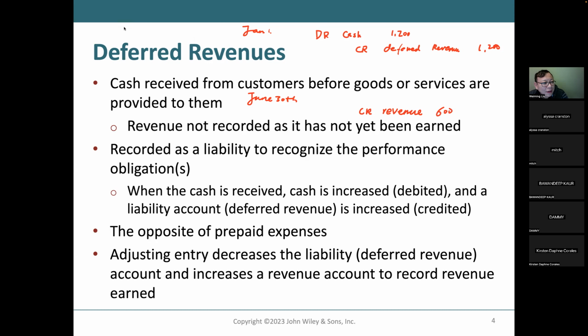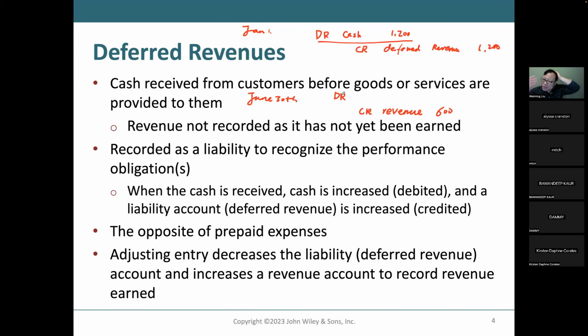And then you need to debit something. Do you debit cash? No, they already gave you the cash, the 1,200, on January 1st. So you cannot debit an asset. It's not an asset increase.